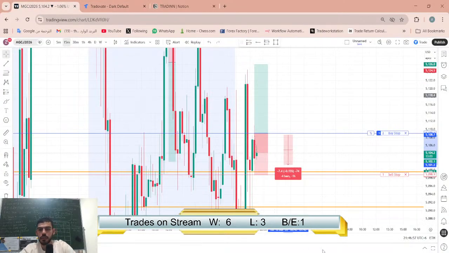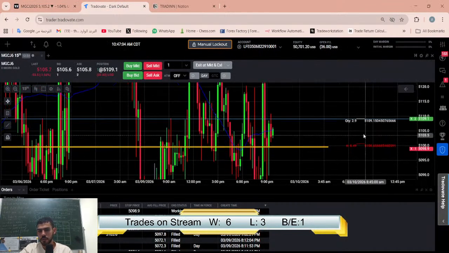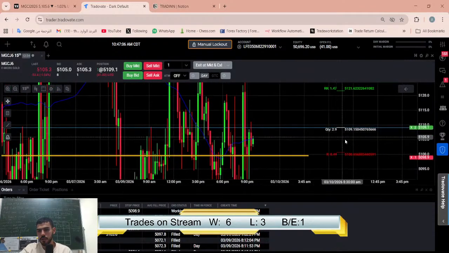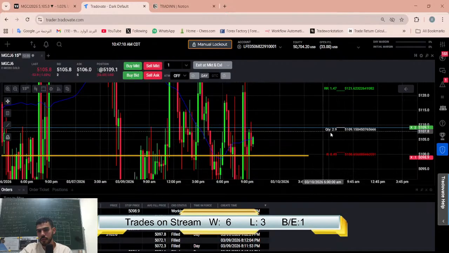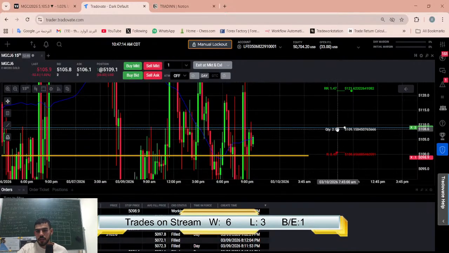What does it show? I didn't get anything from this indicator, bro. I use both quantity 2.9. Oh, so it says that I have to use like 3 lots, I think. I think it says here that I have to use 3 contracts, which I am using already.